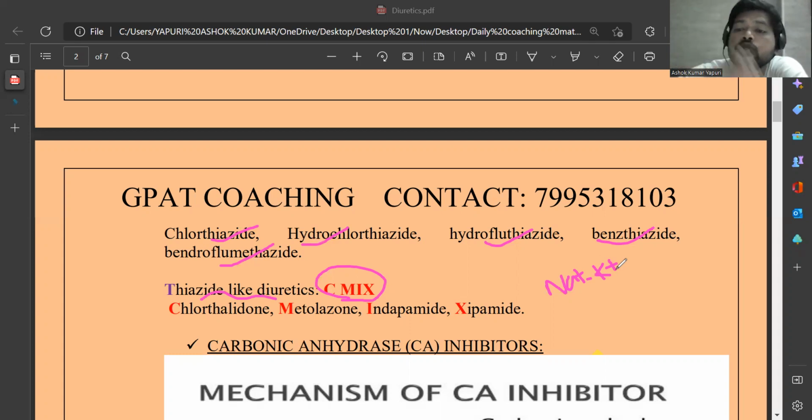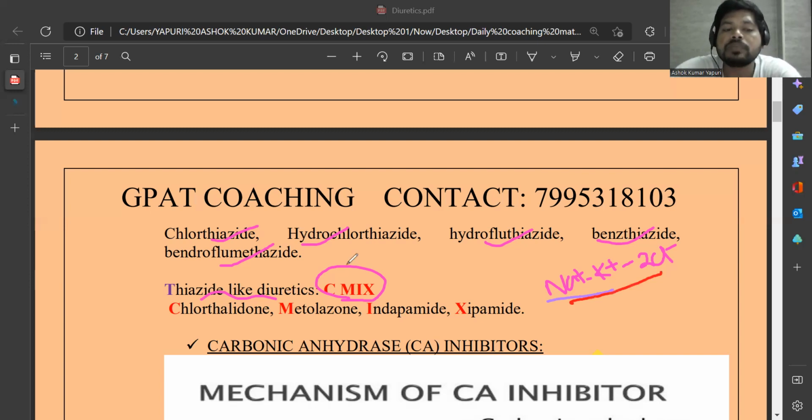And even loop diuretics block the sodium potassium 2-chloride transporter. So remember, both thiazide and thiazide-like diuretics block the sodium transporter. When coming to loop diuretics, they block the sodium potassium 2-chloride transporter.